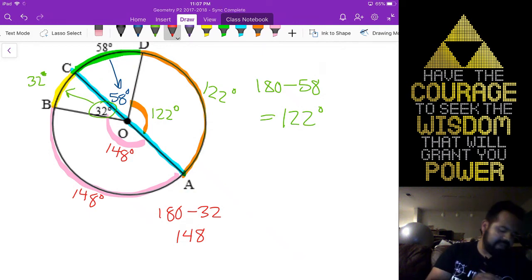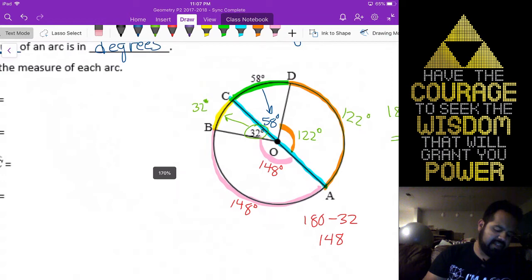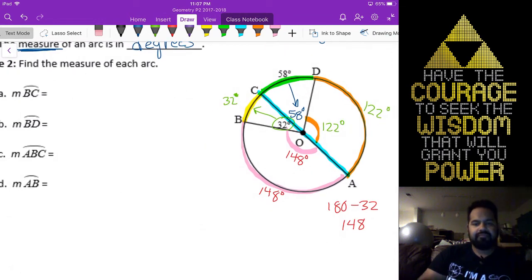So now I can go back to the problem and figure out, hey, what do I need? Right now I'm asked to find the measure of arc BC, which we did find right there.